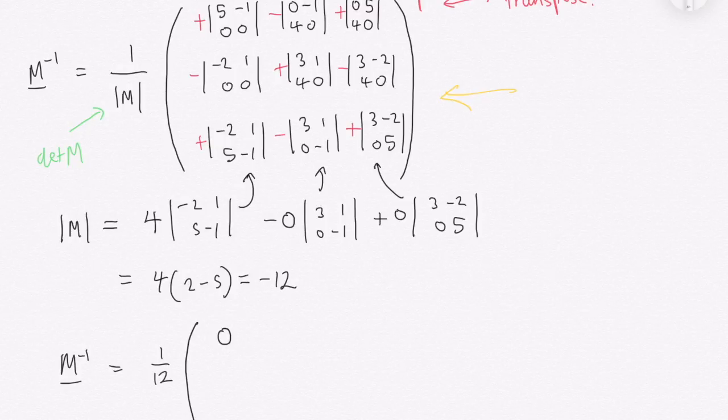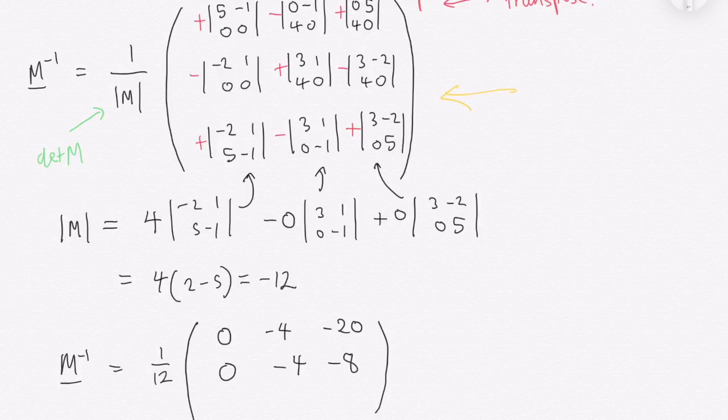In the next one we have -0 times 0, subtract -1 times 4, so that is +4, so times by -1 is -4. Here we have 0 times 0 is 0, subtract 4 times 5, so that is -20. On the next row we have -2 times 0, subtract 0 times 1, which is definitely still 0. Here we have 3 times 0, subtract 1 times 4, which is -4. And here we have 3 times 0, which is 0, subtract 4 times -2, which is +8, but then we have the negative here, so this is -8.